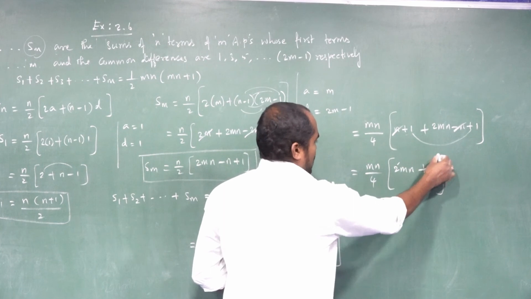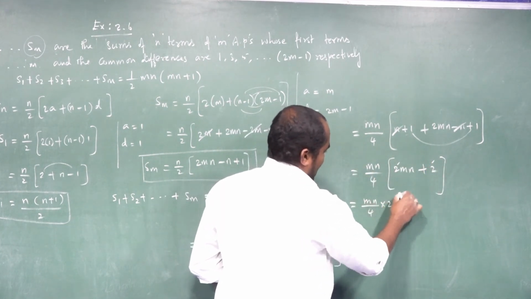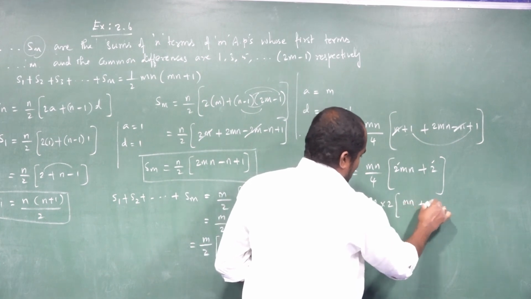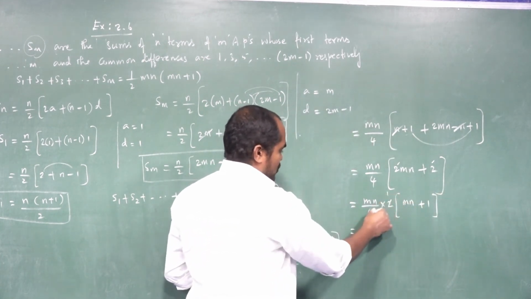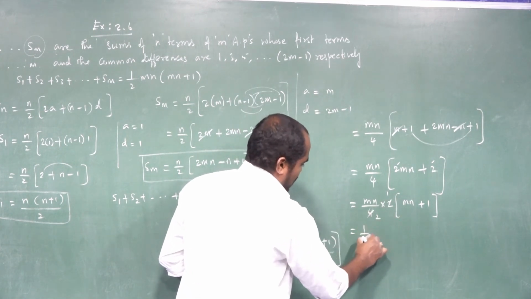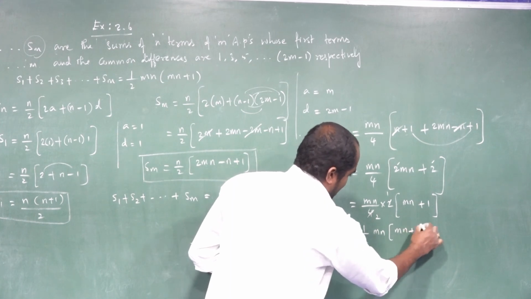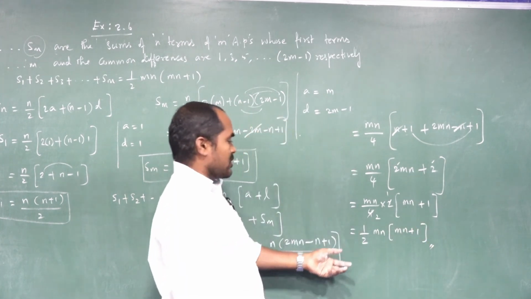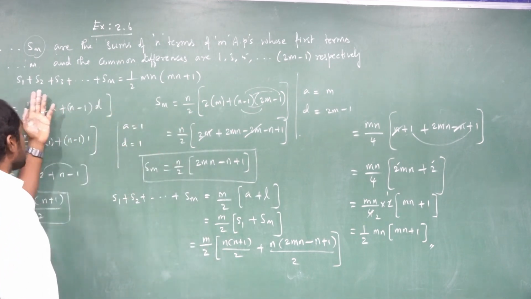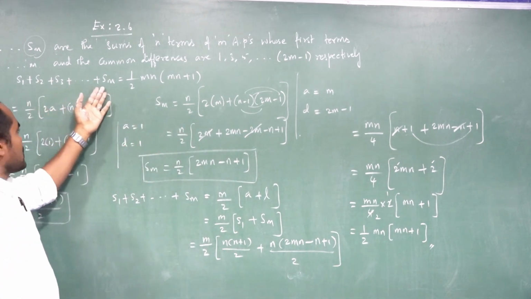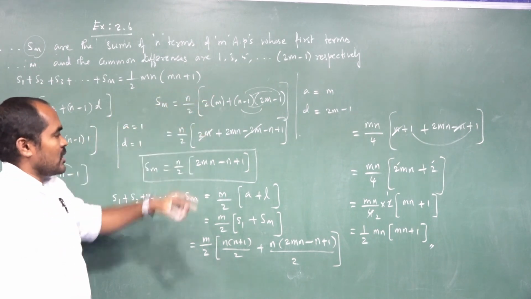So 2 is common, take outside: mn by 4 into 2 of mn plus 1. 1 2 is 2, 2 2s are 4, so 1 by 2 mn of mn plus 1. So this is our proof: S1 plus S2 plus S3 plus etc. plus Sm is equal to 1 by 2 mn of mn plus 1.